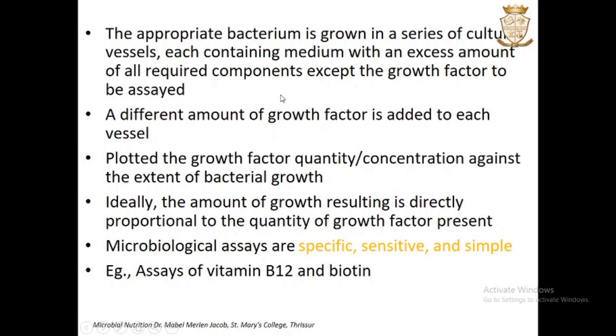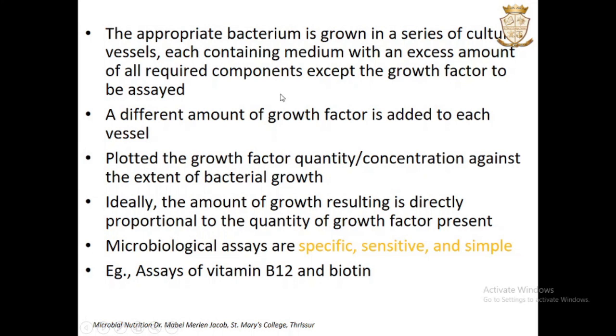Just to explain, an appropriate bacterium is grown in a series of culture vessels, each containing medium with an excess amount of all required components except the growth factor to be assayed. A different amount of growth factor is added to each vessel. The growth factor quantity or concentration is then plotted against the extent of bacterial growth.